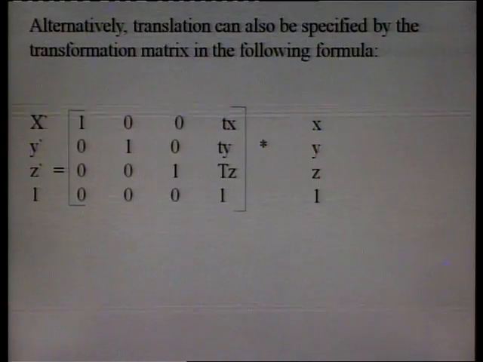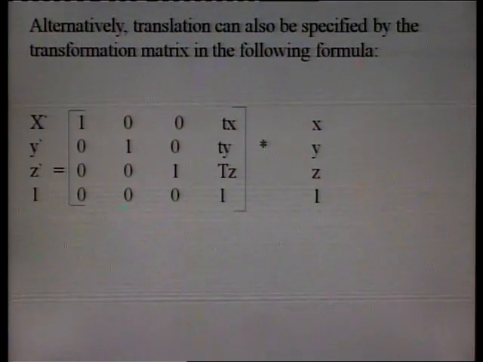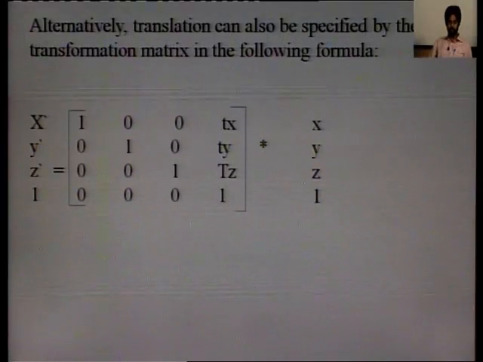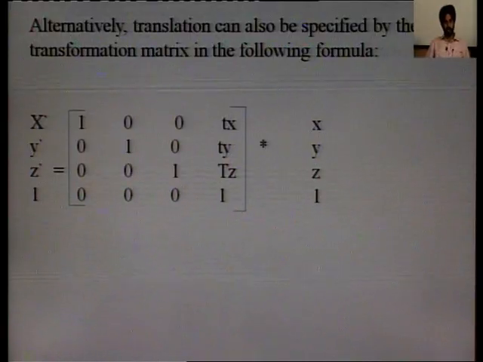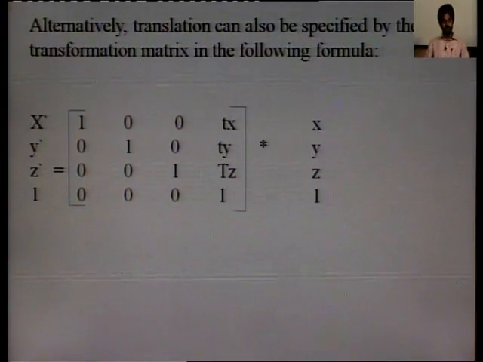We can find the translation of any coordinate by the matrix method: x dash, y dash, z dash, 1. The matrix is the unit matrix with the last column: 1 0 0 Tx, the translation of x; 0 1 0 Ty, the translation of y; 0 0 1 Tz, the translation of z; and 0 0 0 1.